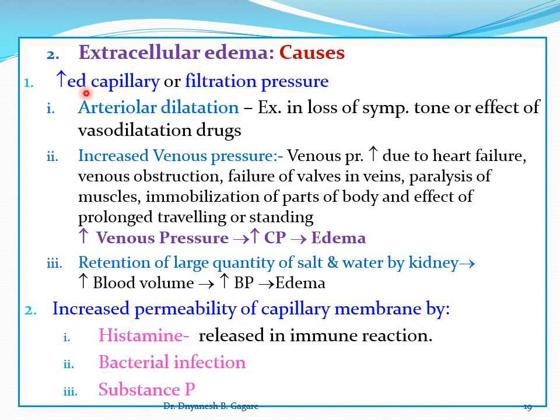First we'll take increased capillary pressure or filtration pressure. We just discussed the Starling forces. The mean pressure in the capillary is about 17 millimeters of mercury, okay, 30 at the arterial end and 10 at the venous end. If this capillary pressure increases, that means there is a net increase in outward force.